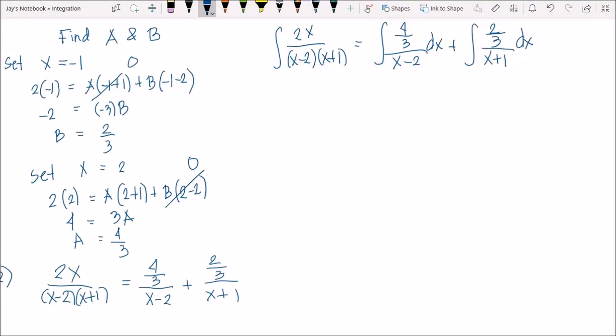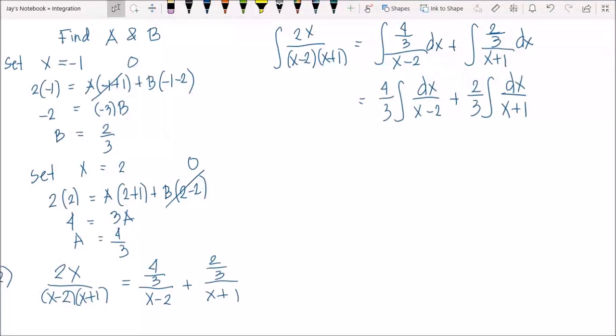Correct? Okay, so we can take our constant 4/3 outside of the integration. That is 4/3 times dx over x minus 2, plus 2/3 times the integration of dx over x plus 1.